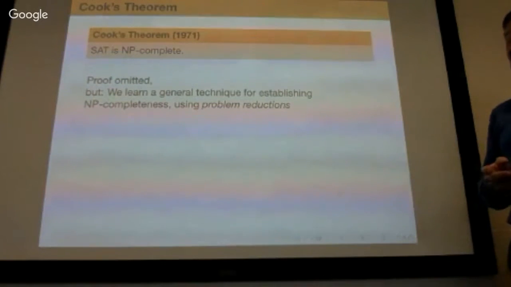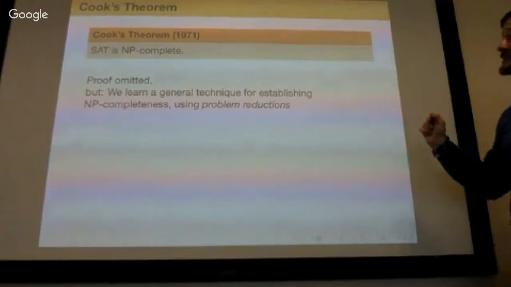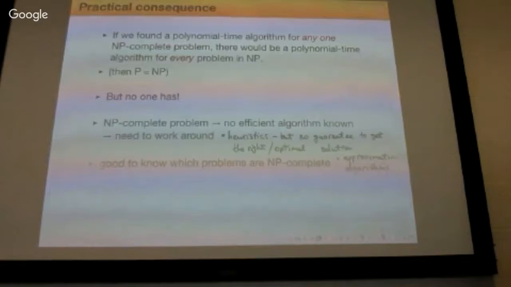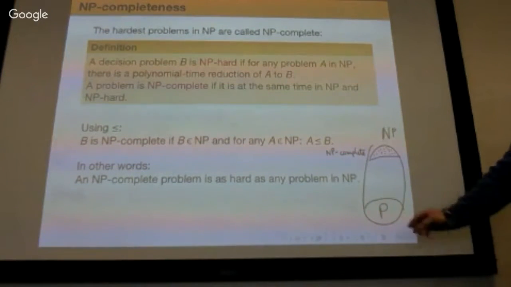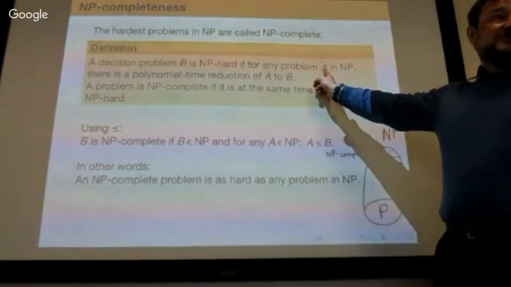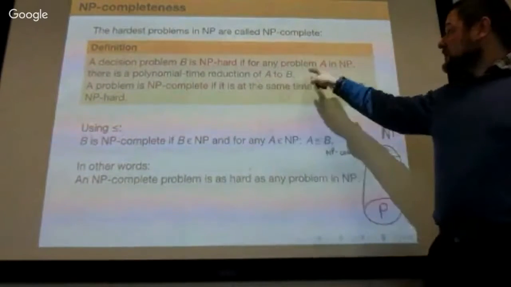That is in NP. And the question is, how do you prove that some problem is NP-complete? Going back to the definition is kind of tough, because you have to prove that for any other problem in NP you find a polynomial time reduction, and that's a whole lot of problems.